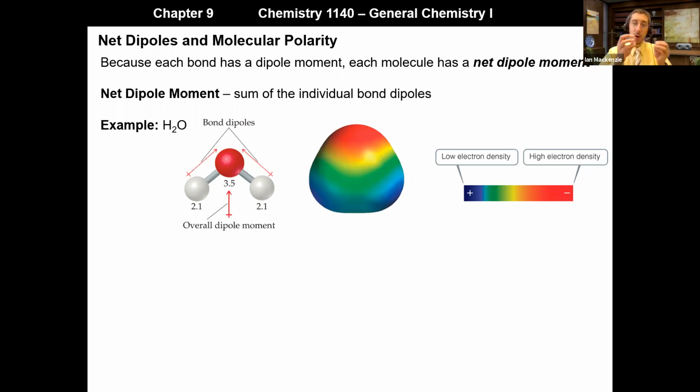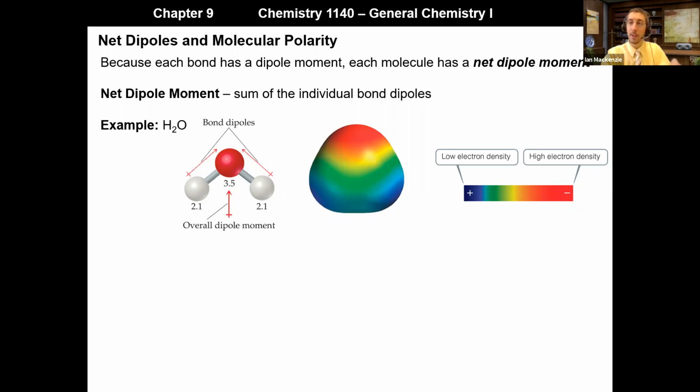Just like in bond dipoles, one side of the bond has a partial negative and one side has a partial positive charge. The net dipole means that molecules can have the same thing, where one side of the molecule has a net negative charge, and the other side has a partial positive charge.